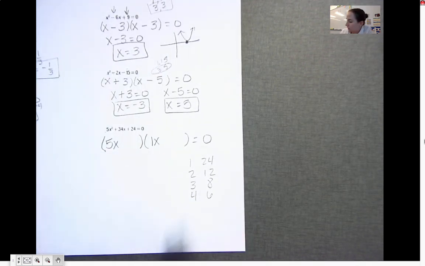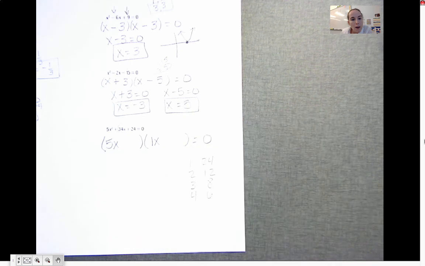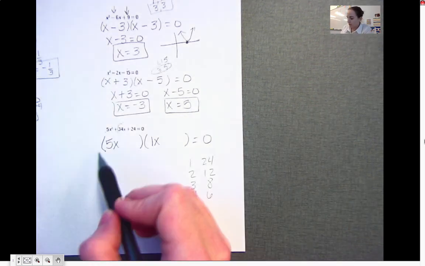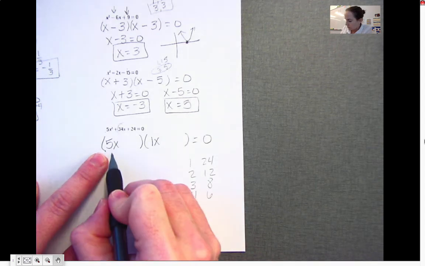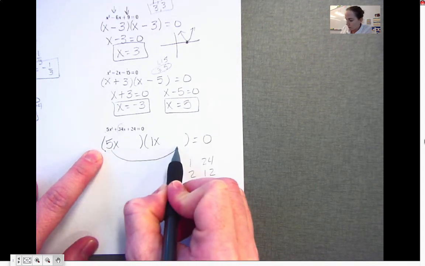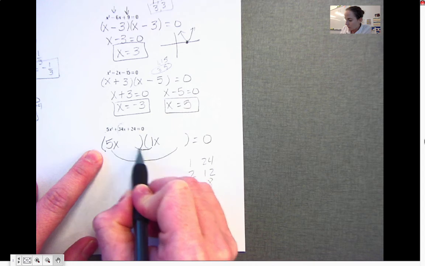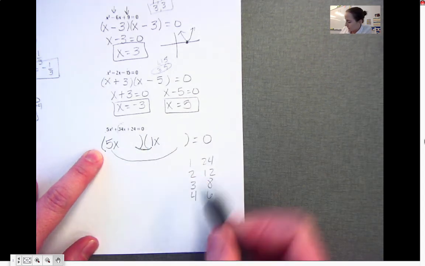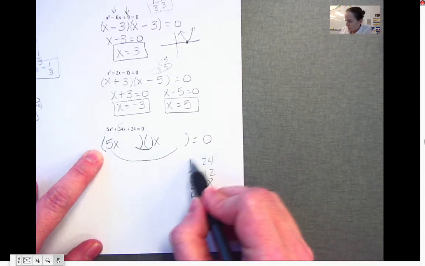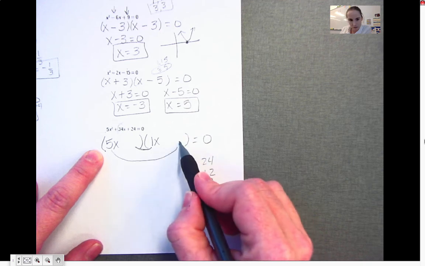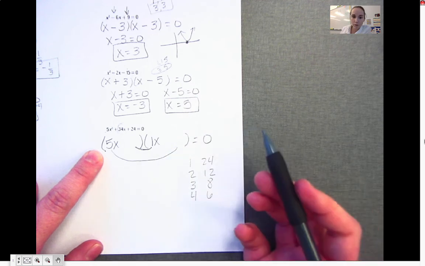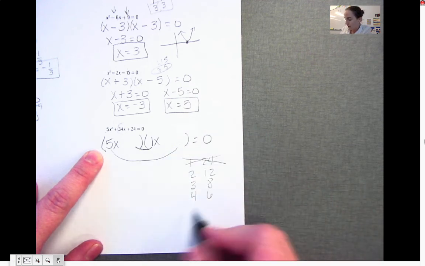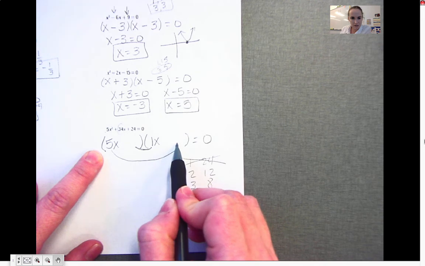Now I'm trying to get close to 34 in the middle, but I have to remember this 5 is going to multiply. To make the middle term, this 5 is going to multiply with this number and add to whatever goes here. As I look through these, this is going to put me way off. If I put a 24 here, plus 5, that would be 29, but that's not going to work. With 12, I'll be at 60 if I put a 12 here, so that's not going to help.